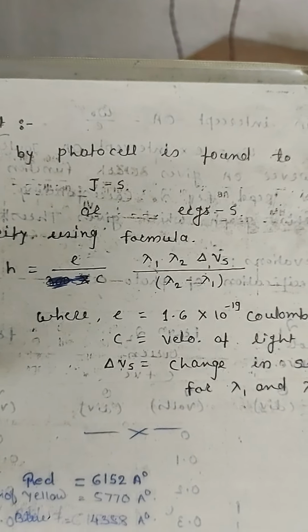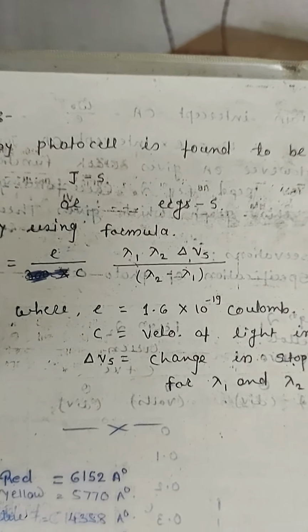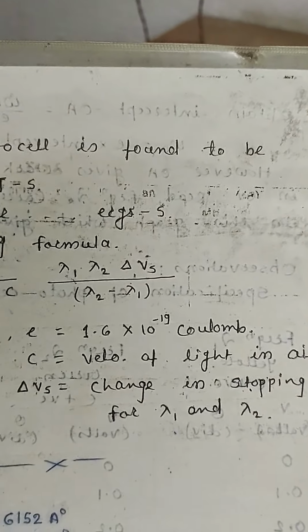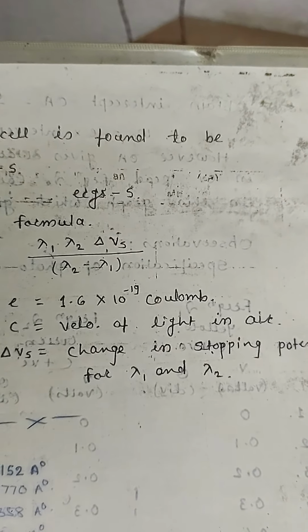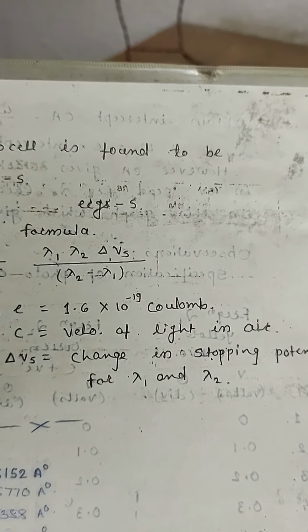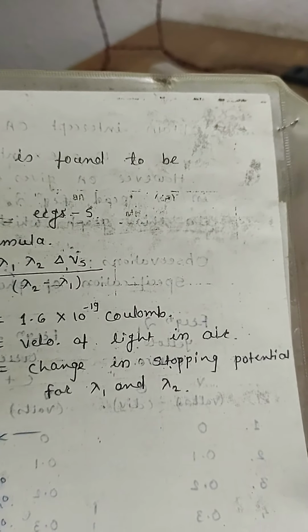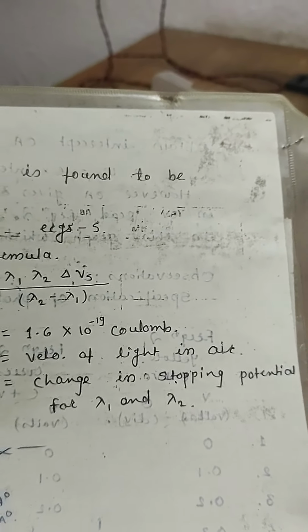H is Planck's constant and its formula is e by c. e is the charge on the electron, c is the velocity of light, lambda 1, lambda 2 will be the respective wavelengths, that is yellow and green, blue and green, and delta V is the difference of stopping potentials. For example, our first stopping potential was 0.31 and the second one is 0.34.